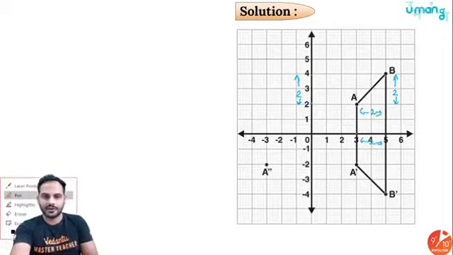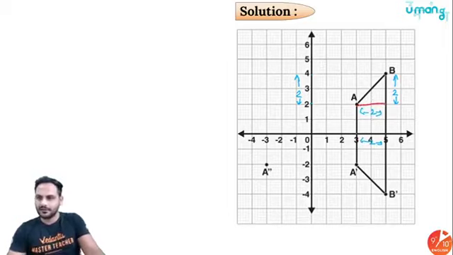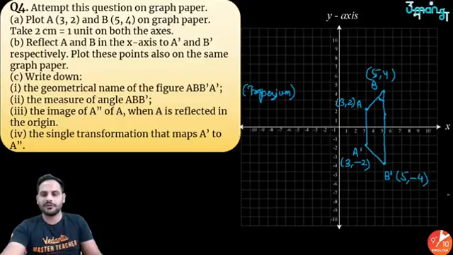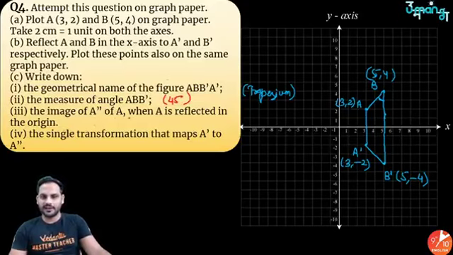So you can look at this triangle, it is 90 degree and this is 2 units, this is also 2 units, so it is an isosceles triangle, so this angle will be 45 degree, this angle is also 45 degree. So what will be the angle ABB dash? 45 degree.